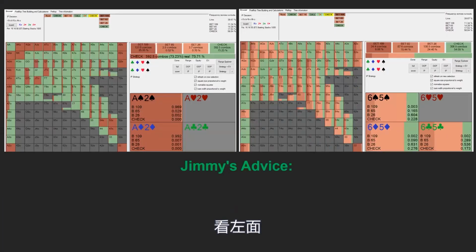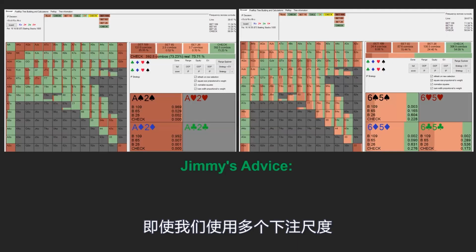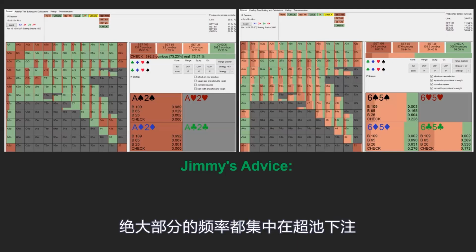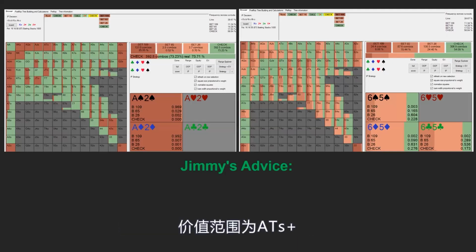All right, so we can see on the left here that it prefers only the overbet. All the sizings shift to the overbet, using some ace 10 plus and then some bluffs.